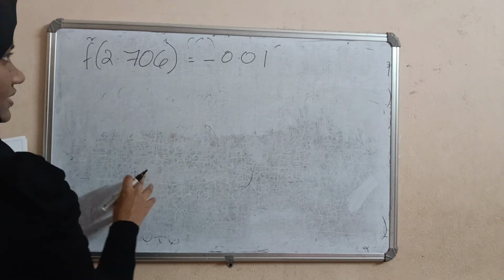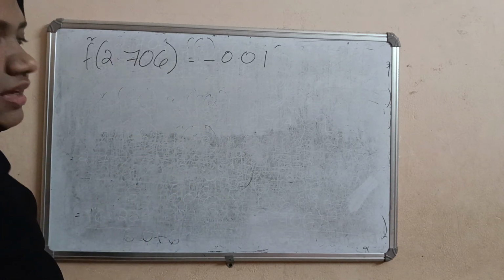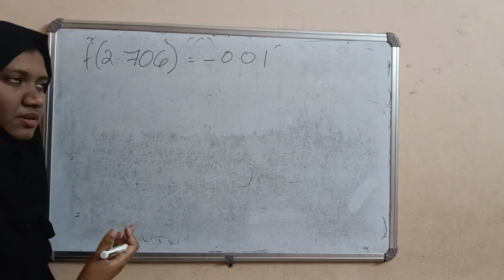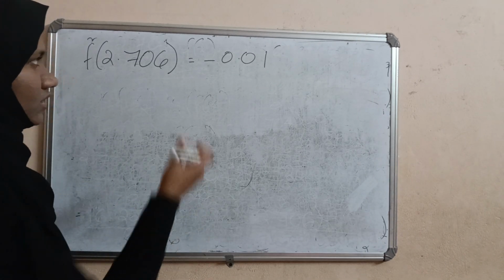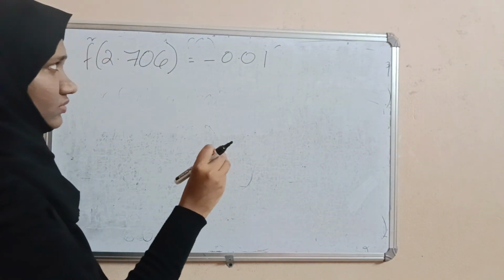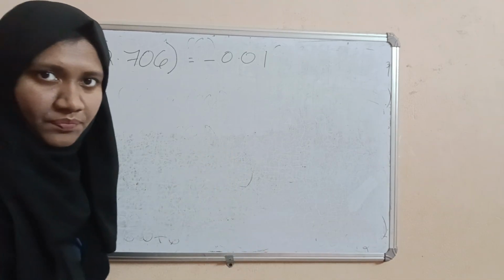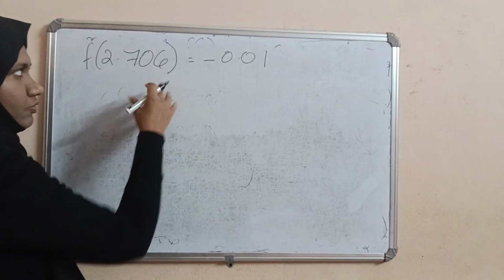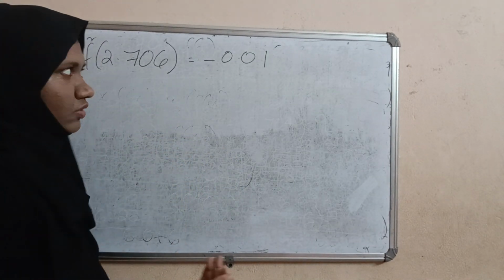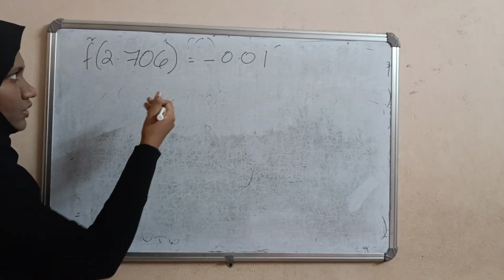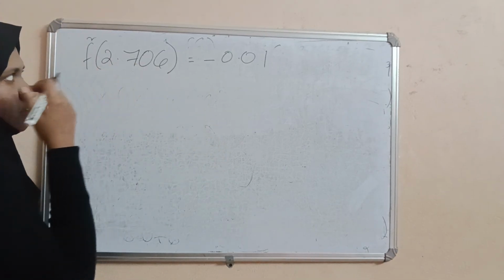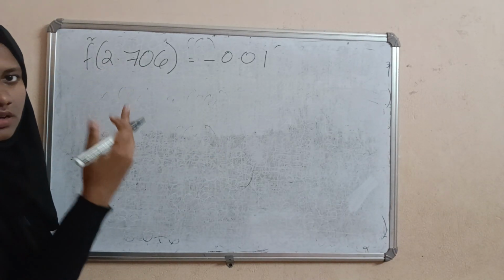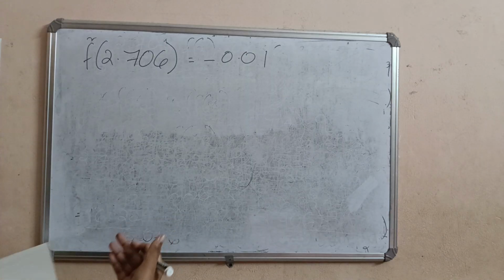In some places they say to do it until the value becomes nearer to 0. But for BC054, I would always recommend you to do it until you get the same answer, because our textbook follows that method. So until you get that equal answer, do those steps.